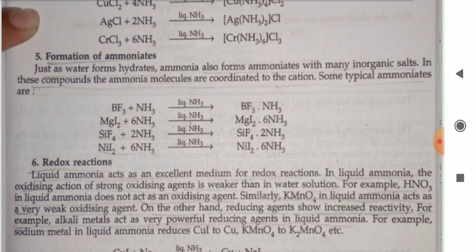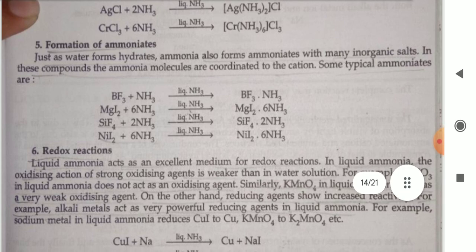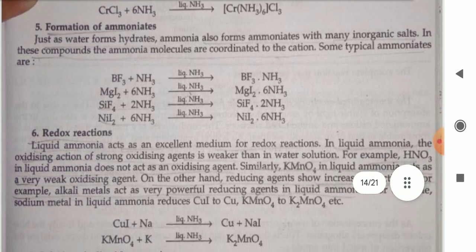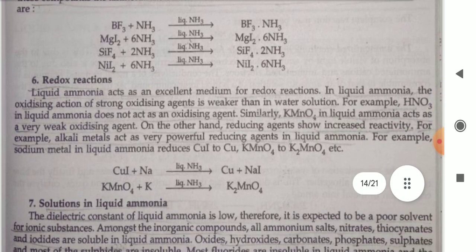On the other hand, reducing agents show increased reactivity. For example, alkali metals act as very powerful reducing agents in liquid ammonia. Sodium metal in liquid ammonia reduces CuI to copper, KMnO4 to K2MnO4, etc.